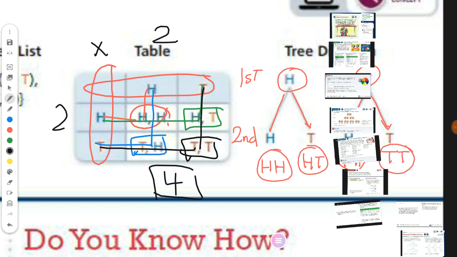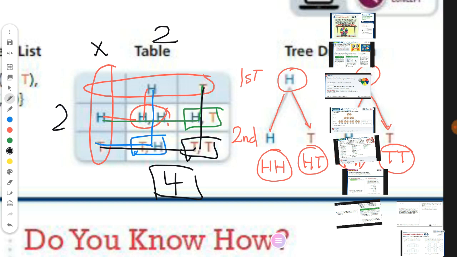But it's better to use it if you have two results, like head or tail. Even if it's head or tail with a dice from 1 to 6, it's okay. I must have one of the events with two results, head or tail. It's easy to calculate. Okay? So that is the table way.